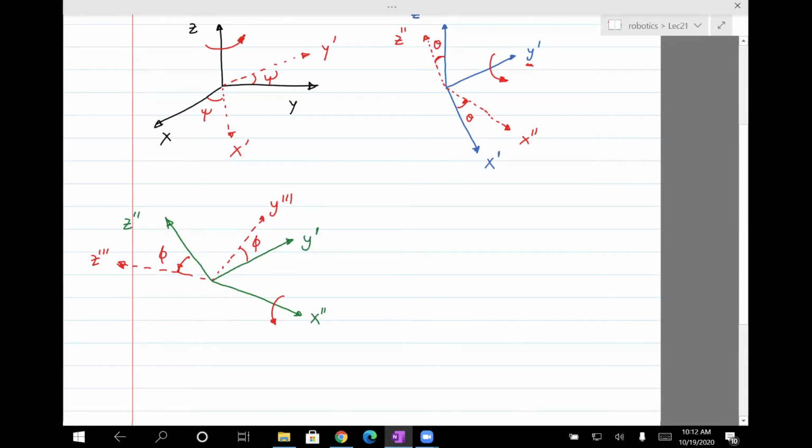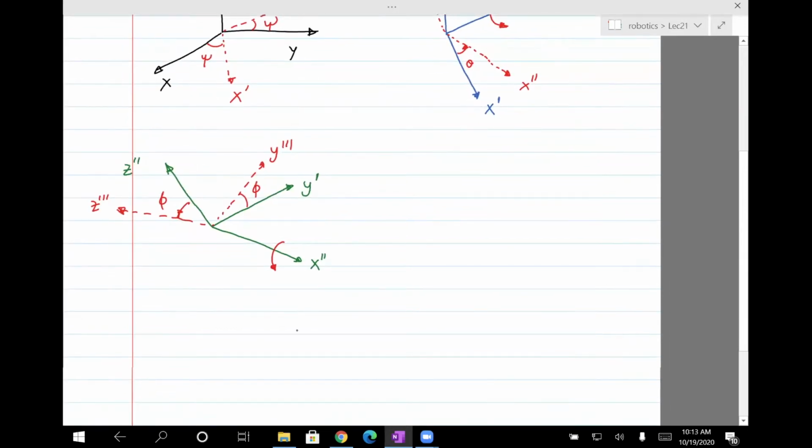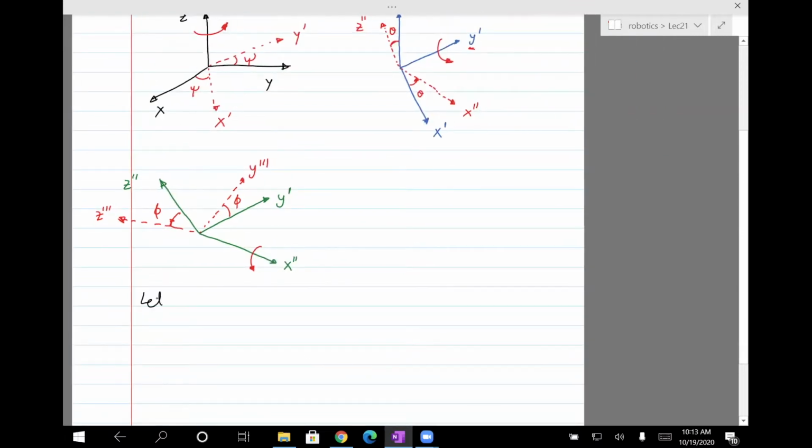How do we actually compose these rotations, or how do we represent these rotations using the rotation matrices I talked about earlier? This is how you do it. Let's assume we had a vector, let's call it C0.